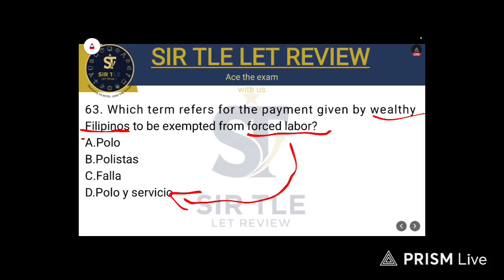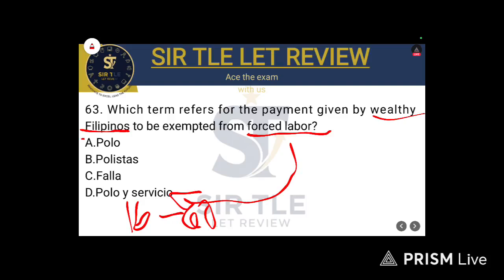Okay? That is the polo y servicio. So, anong age? Age from 16 to 60. Okay, that is the forced labor.